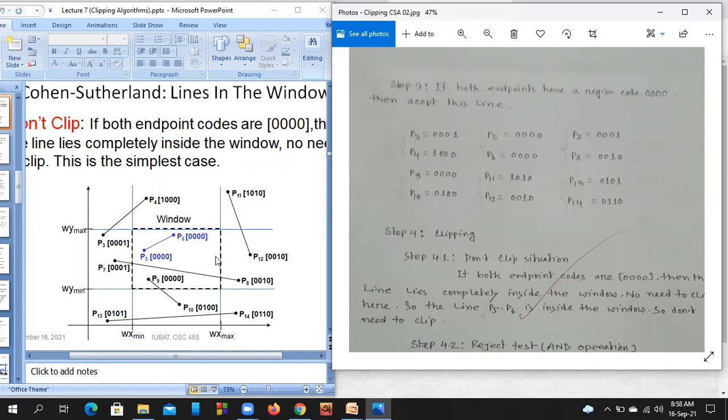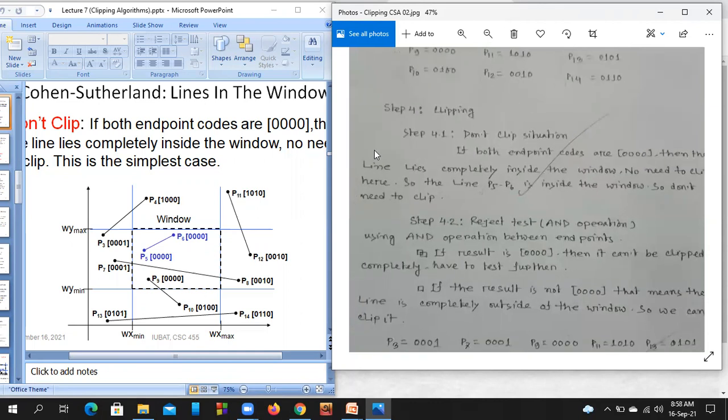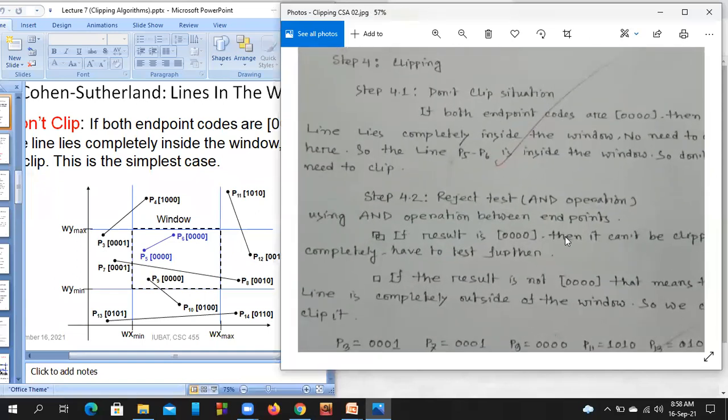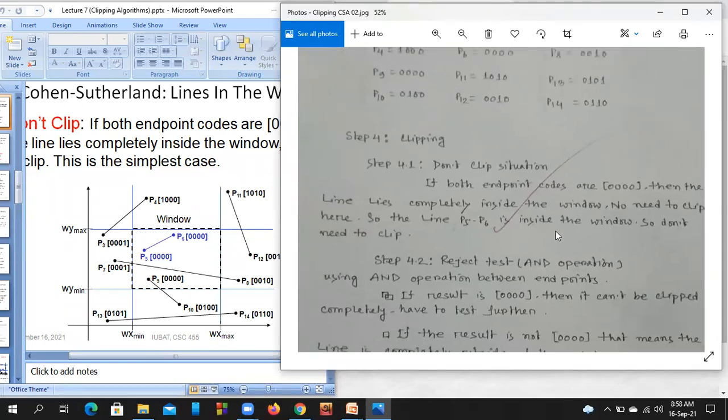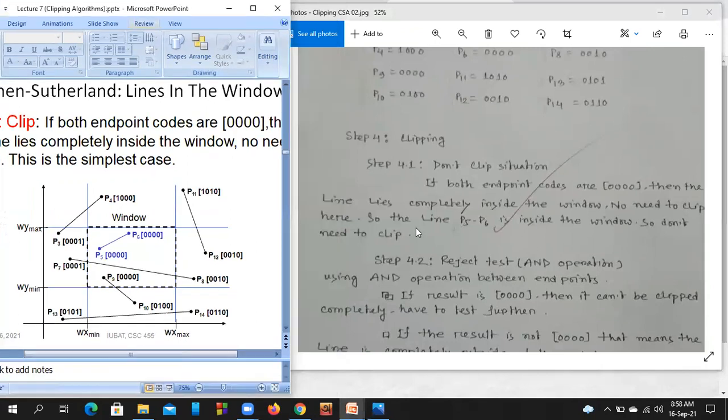Now the main clipping activity starts. The clipping activity in step 4, the first one, we are calling the don't clip situation. Okay, so the main thing is, if both of the endpoint codes are 0000, then we consider the line completely inside the window, so it does not need to be clipped.